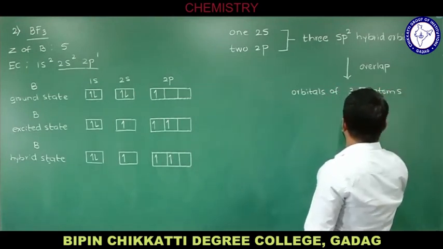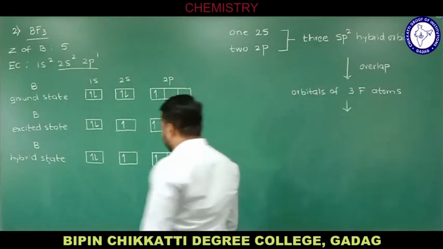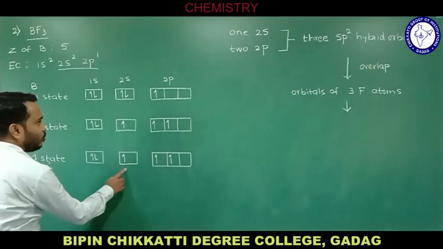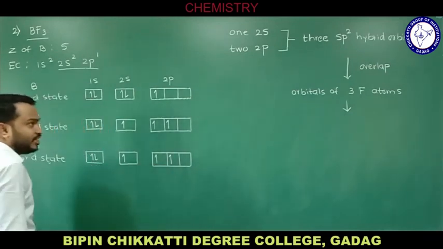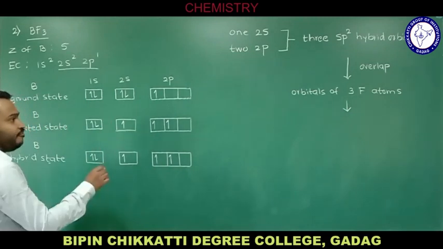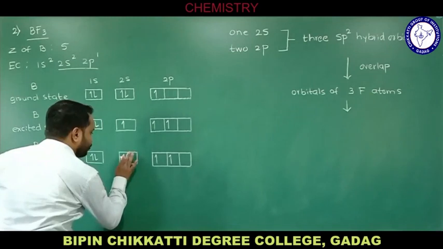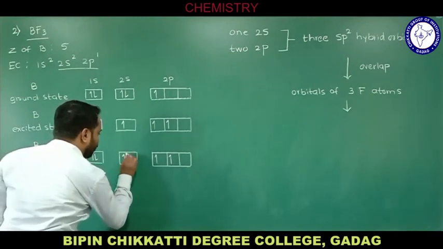So how does the orbital overlapping take place? Let me explain this in the structure of hybrid orbitals. So we have this is 1 sp2 hybrid orbital, this is 1 sp2 and this is 1 sp2, 3 we have. And F has 1 valence electron, so 1 electron from F will be here, and remember that electron will be of opposite spin.